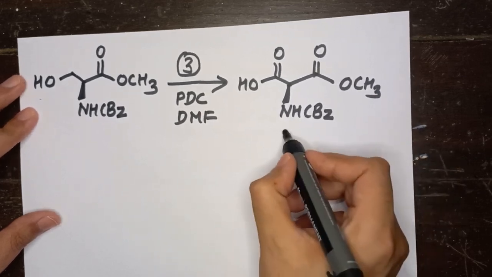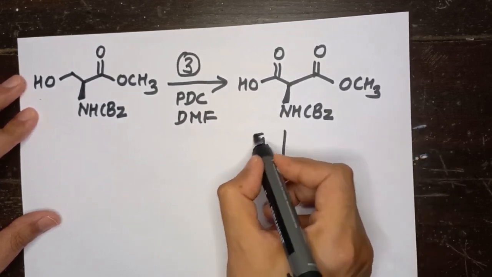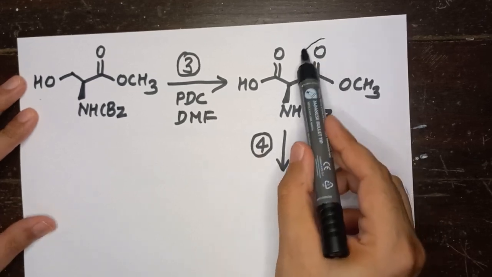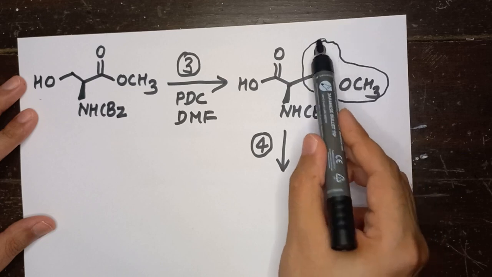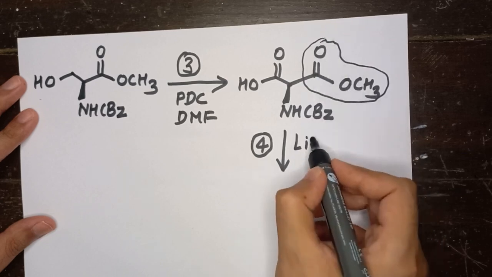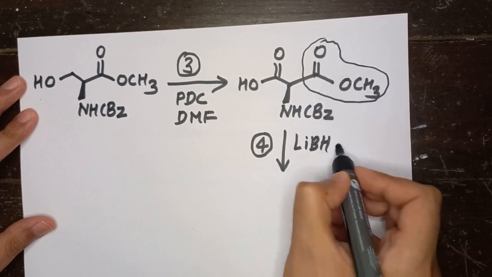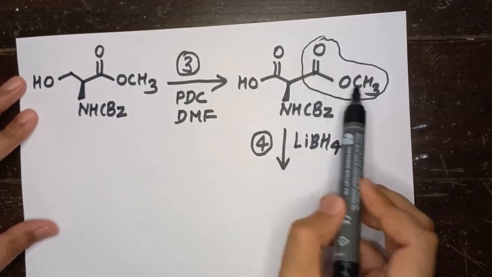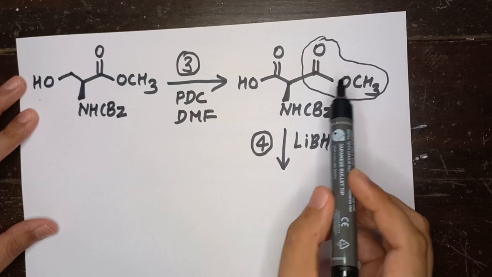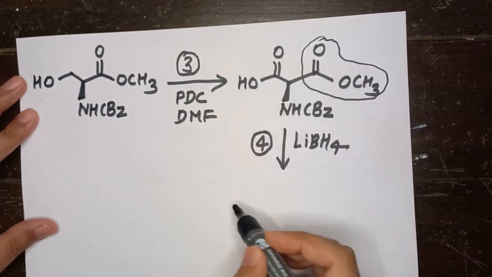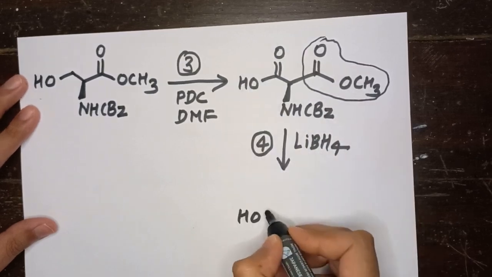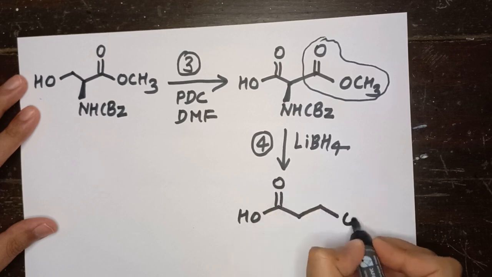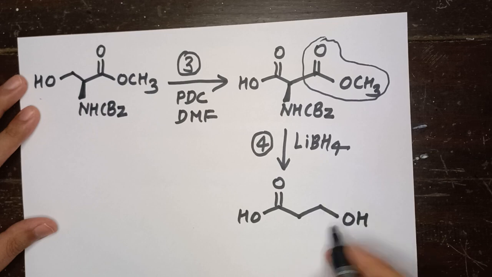Okay, now in fourth step, we are reducing this ester group using lithium borohydride. Lithium borohydride will selectively reduce this ester into a primary alcohol and it will not touch this acid group. And this will give rise to an alcohol group.